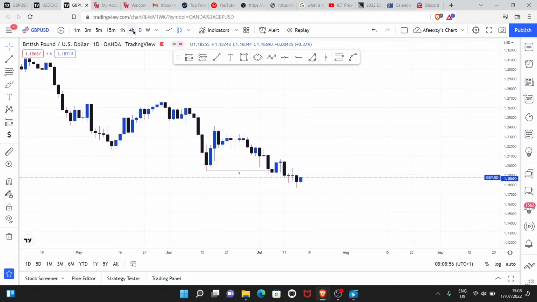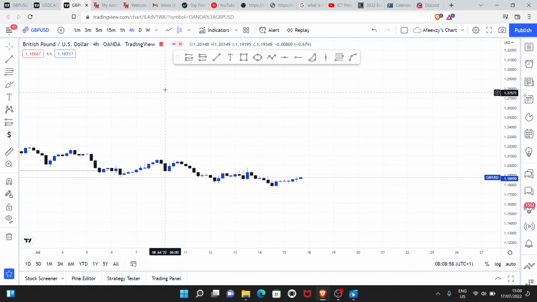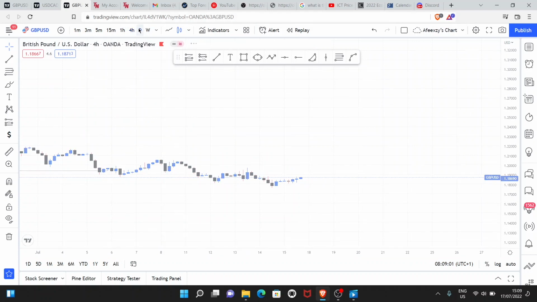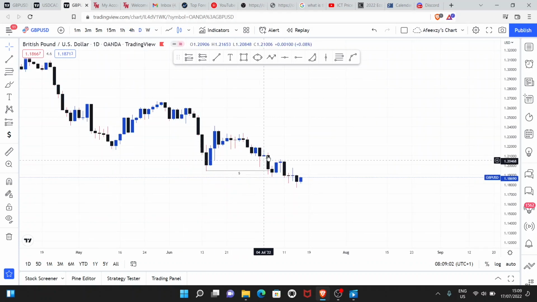So coming to our 4-hour time frame, I can also see some kind of corrective move here. Somehow choppy, but mainly we are bearish. Well, I think there will be a turn from here. It might either continue going higher or keep going bearish.